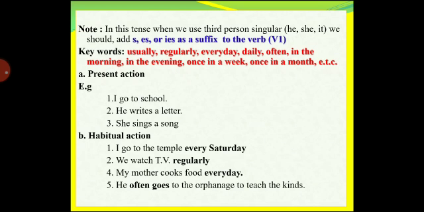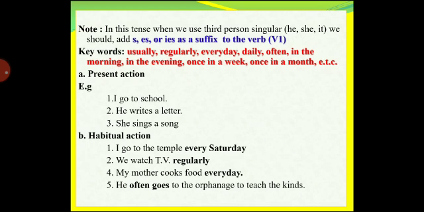What are the keywords? Usually, regularly, every day, daily, often, in the morning, in the evening, once in a week, once in a month, etc. So these are the keywords to remember when you look at a sentence, so you know it belongs to the simple present tense.